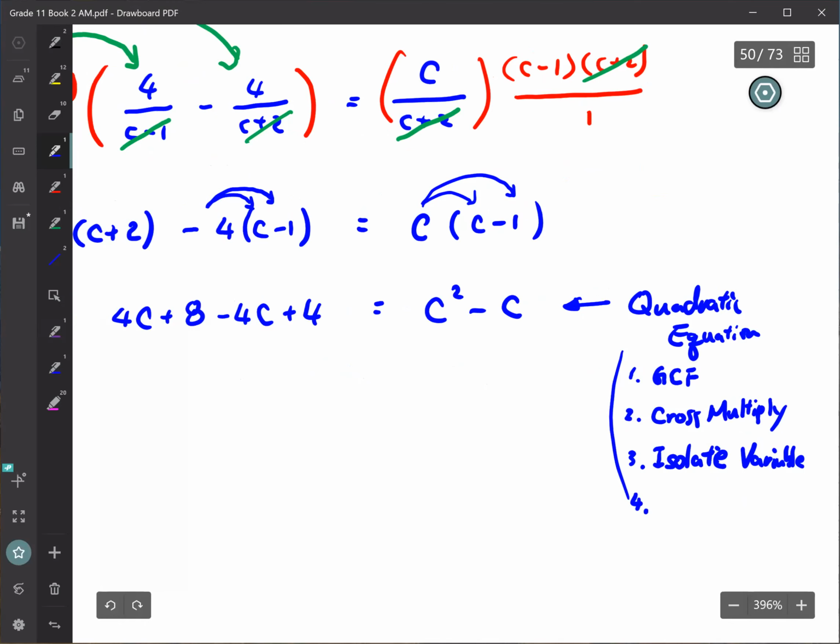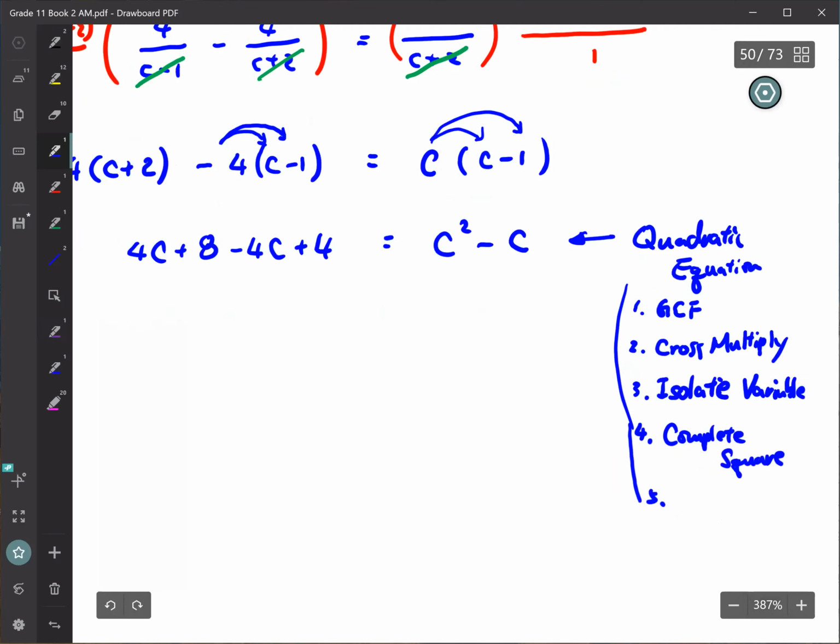How about the fourth one? Anyone? It's completing the square, yes, very good. Complete the square, and you only use that if the question asks you to, okay? Because it's really long, right? It takes a long time. And then the last one: quadratic formula.